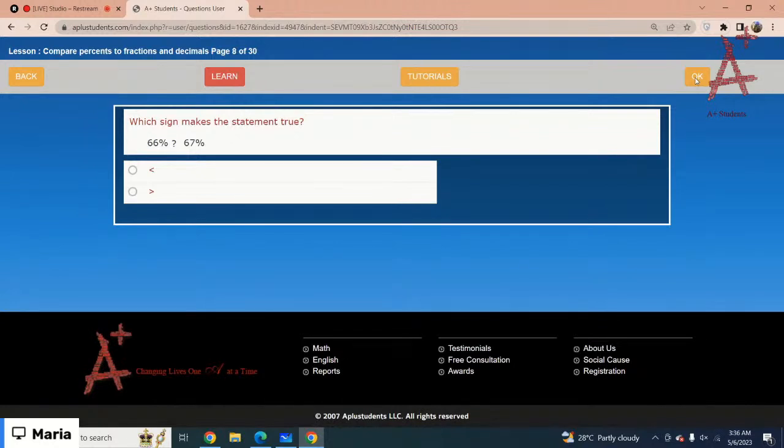Okay, which sign makes the statement true? 66% is less than 67%.